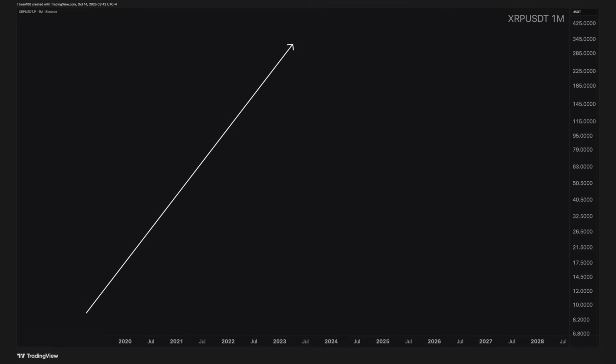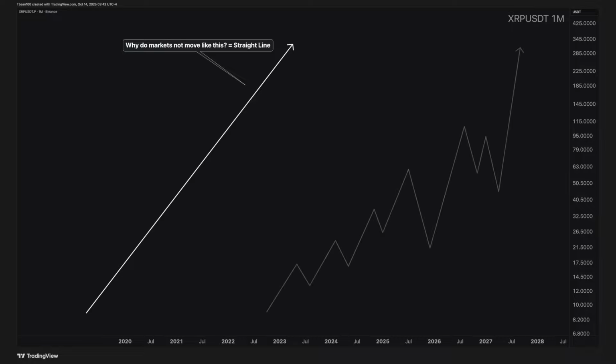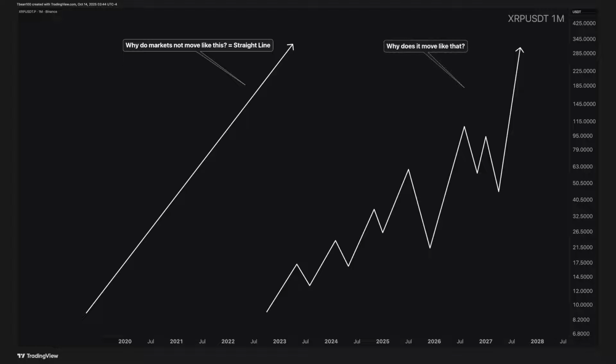So, what is the lesson here? A lot of people keep asking me the same question. Why don't the markets move in a straight, perfect line always upwards? And why do markets always move in this zigzag pattern?